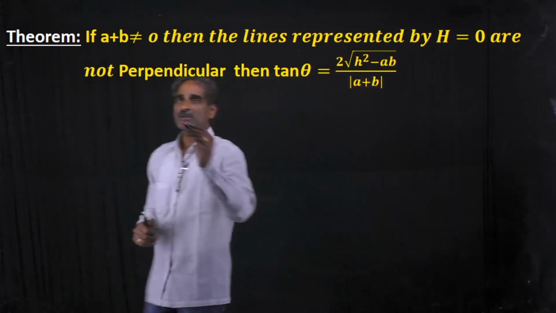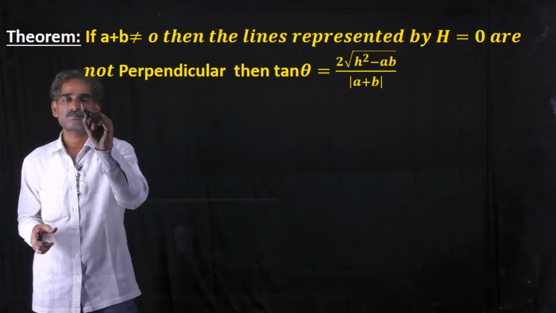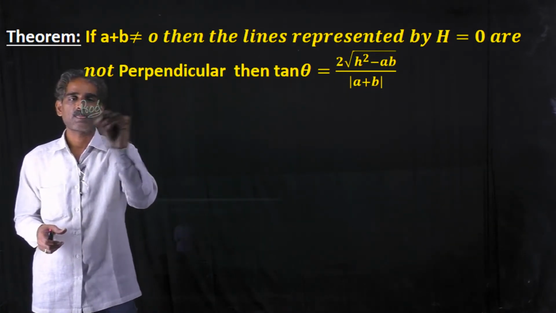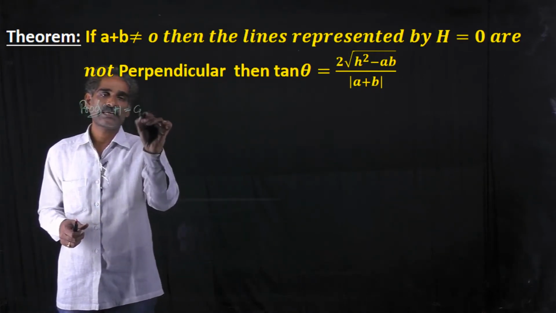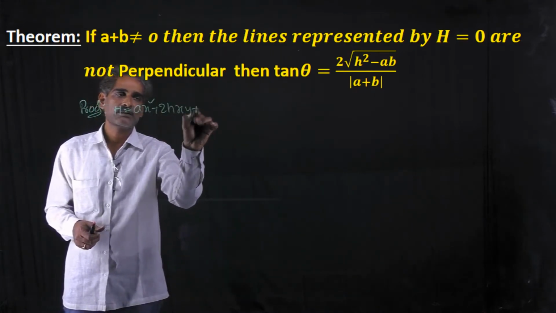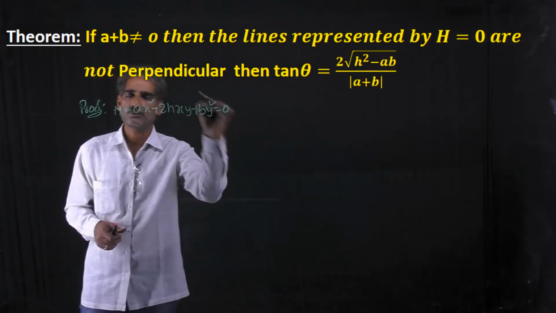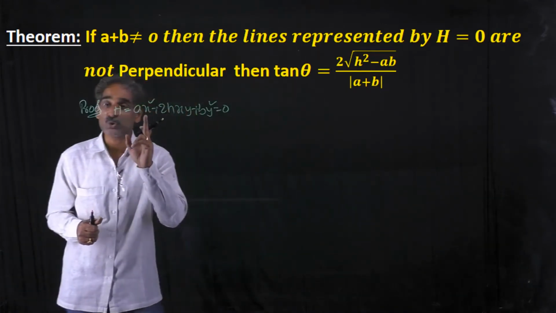So now the given equation h is ax square plus 2hxy plus by square equal to 0. This is the given equation. This represents two lines passing through origin.